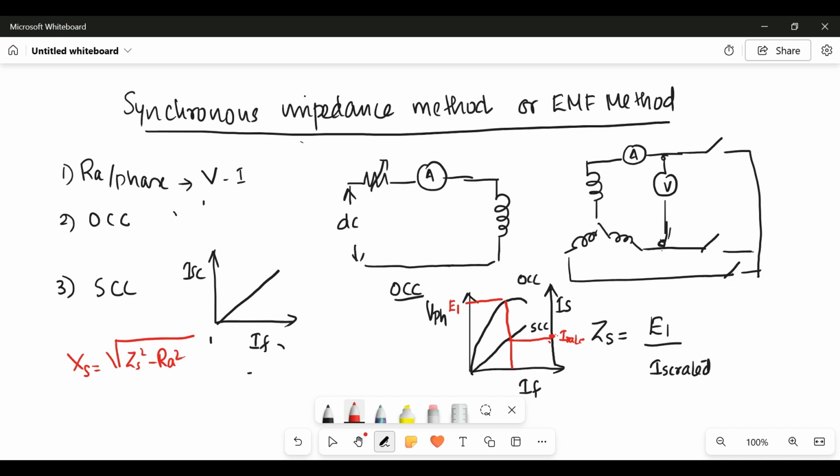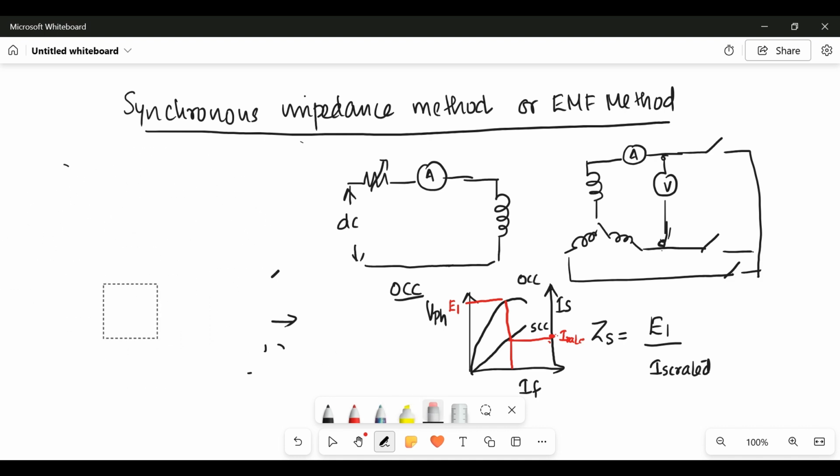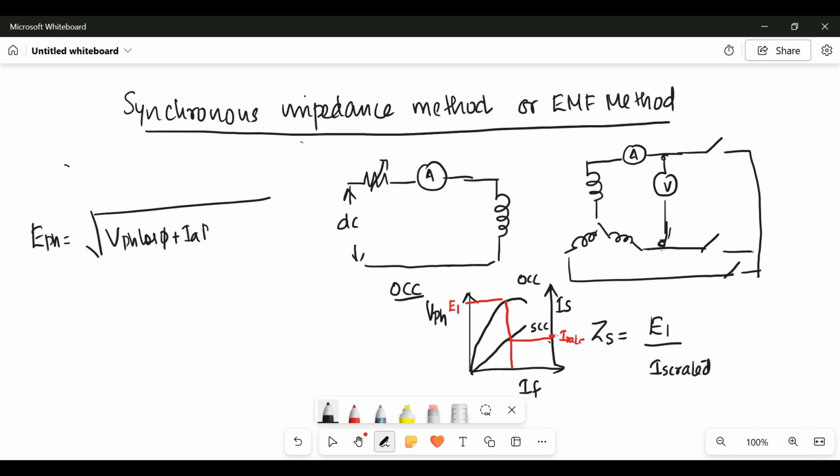And we know the equation of the loaded alternator, that is, E phase equal to root of (V phase cos phi plus IA RA) the whole square plus (V phase sin phi plus or minus IA XS) the whole square.